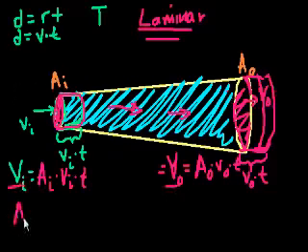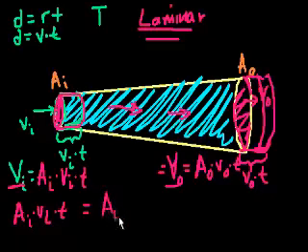So we know that the input surface area, the area of the opening on the left hand of the pipe, times the input velocity times the duration of time we're talking about, is equal to the output area times the output velocity times the duration of time we're talking about.